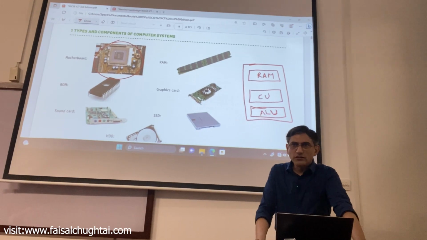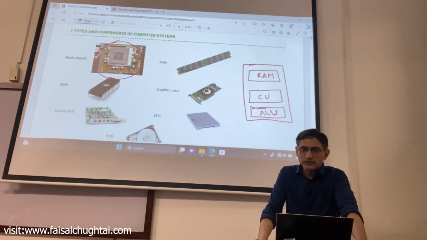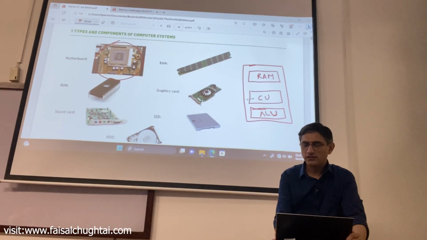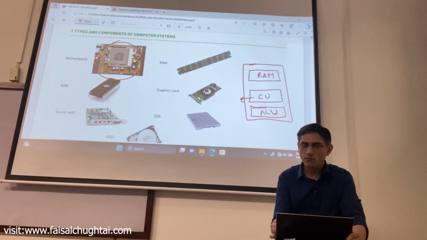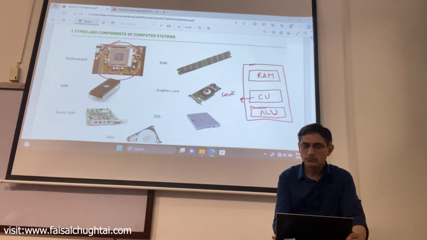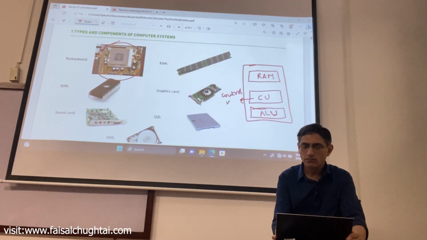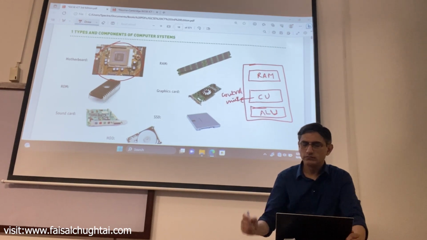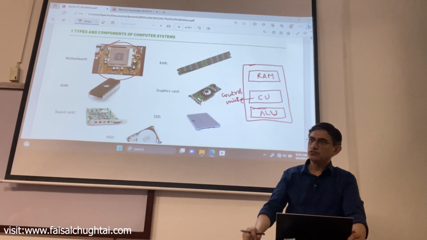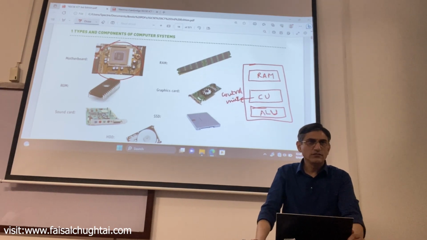RAM stands for random access memory. CU stands for, what does CU stand for? It stands for control unit. And ALU stands for, any idea what ALU stands for?